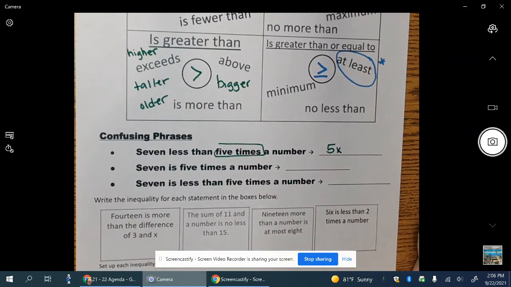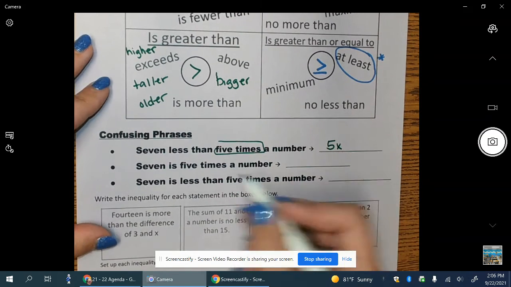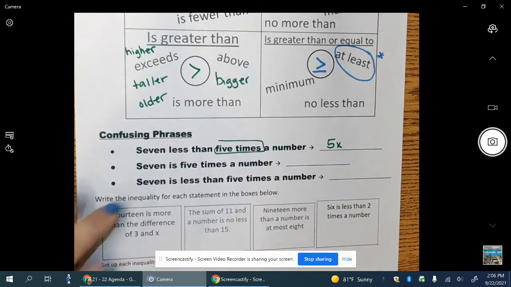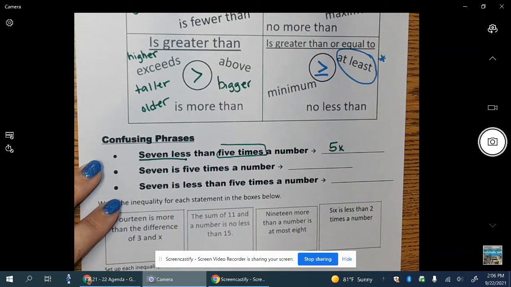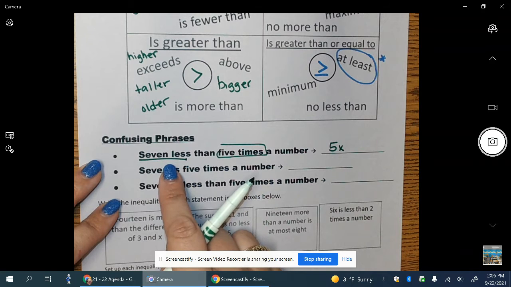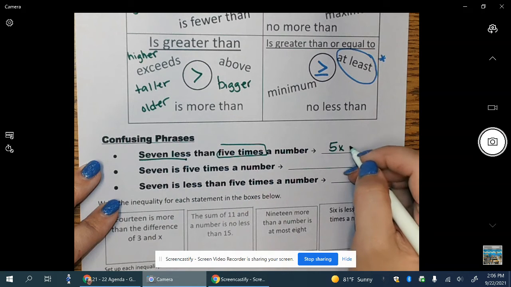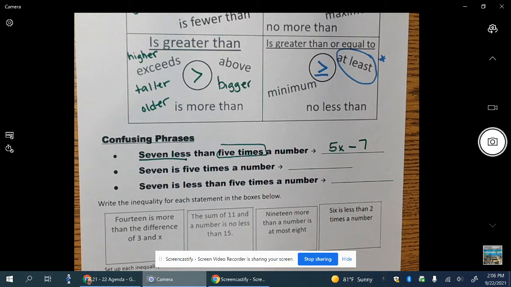And then it says 7 less than. Now you think less than is this, but it's 7 less. Is that 7 positive or negative? Negative, so it's minus 7. Okay, that's it. It's just an expression.